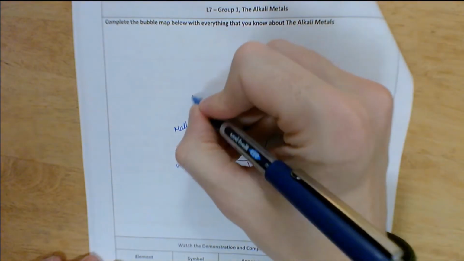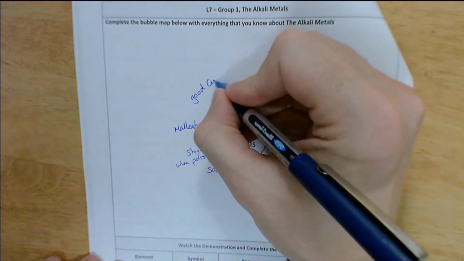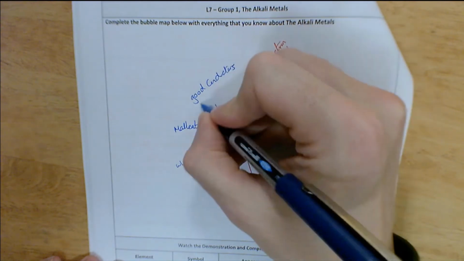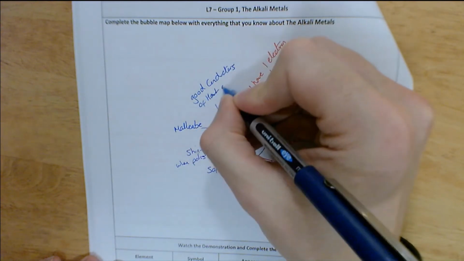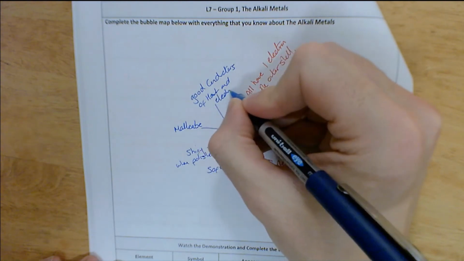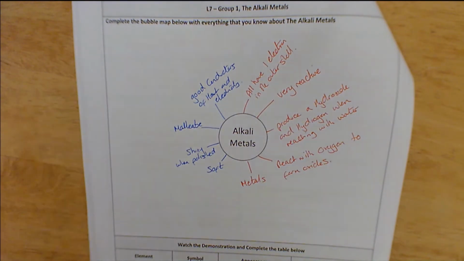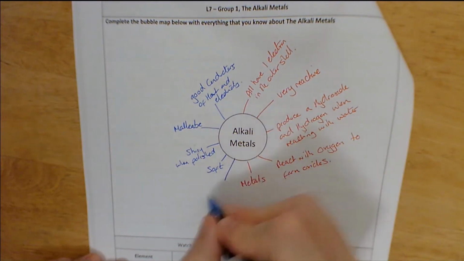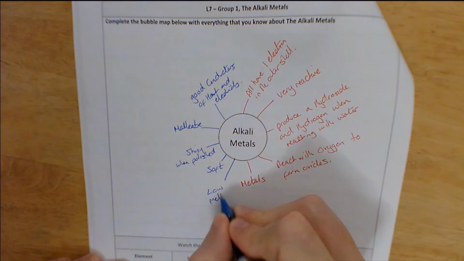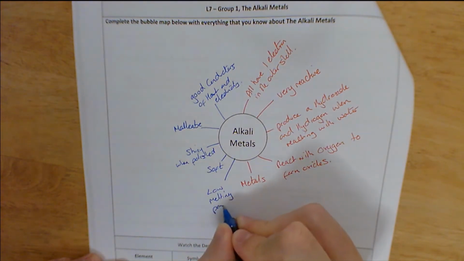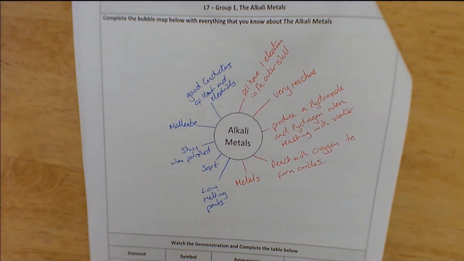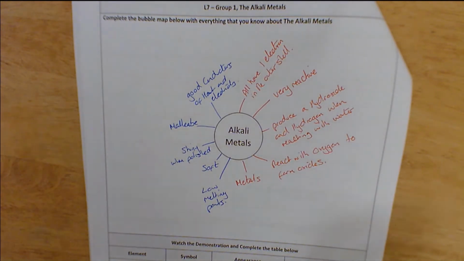They are good conductors of heat and electricity. But we saw that the temperature of the reaction was able to melt the sodium, so their melting points are quite low. So there's a variety of different things that we could say about the alkali metals. In red I've gone for chemical properties and in blue I've gone for physical properties.